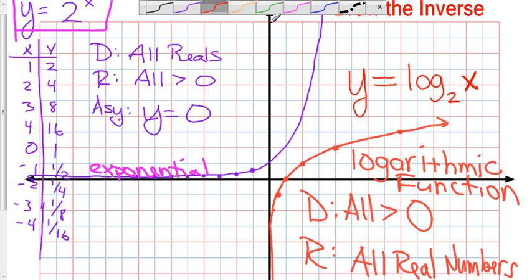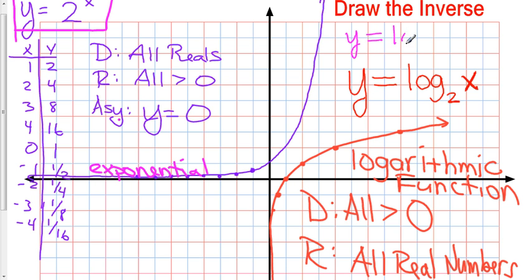Now understand that with a logarithmic function, just like with any function you have ever dealt with, if you were given something along these lines, and then it said x plus 3, that is going to shift your graph which way? If you said left 3, you would be correct, because it's with the x, and anytime it's with the x, you have to go the opposite direction. So all of these coordinates would be 3 to the left.